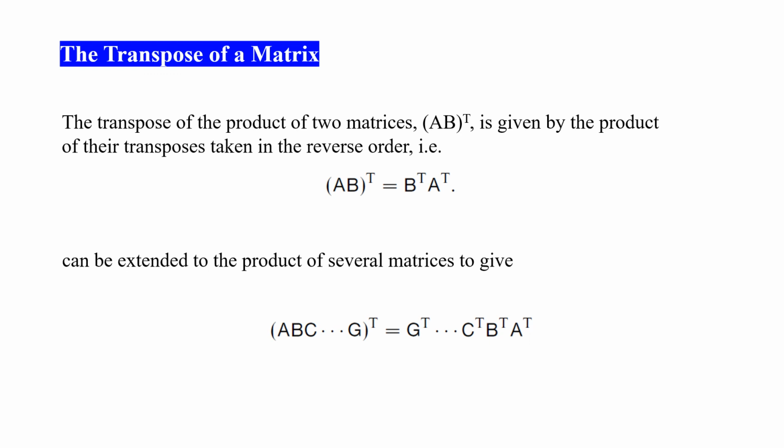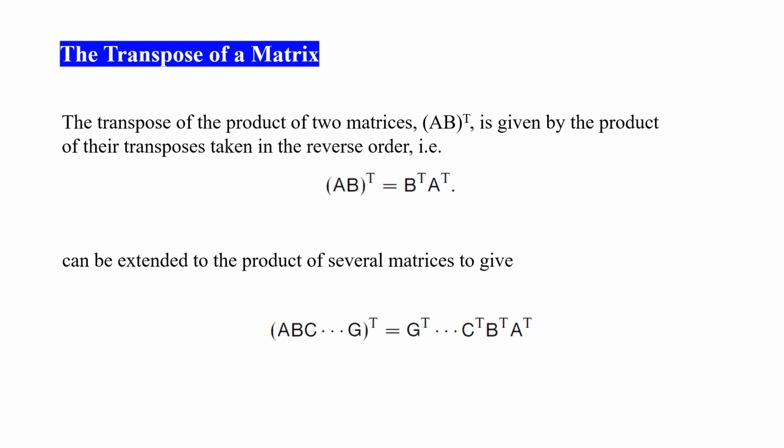The transpose of the product of two matrices, (AB)^T, is given by the product of their transposes taken in the reverse order. That is, if you have A times B and you transpose it, that is equal to the transpose of B times the transpose of A. You can extend this to the product of several matrices.